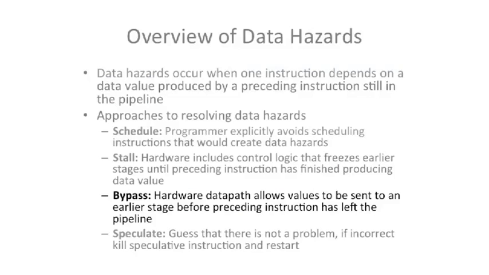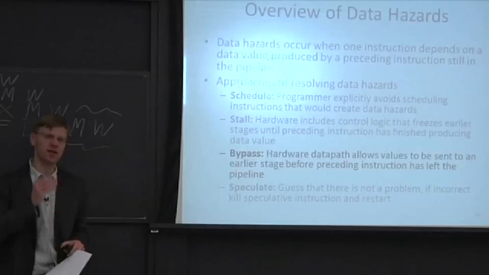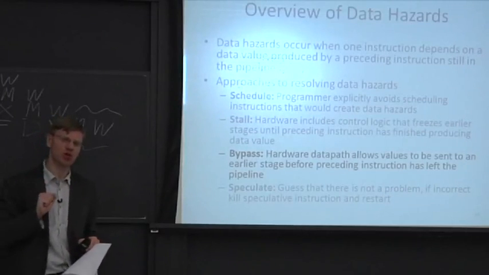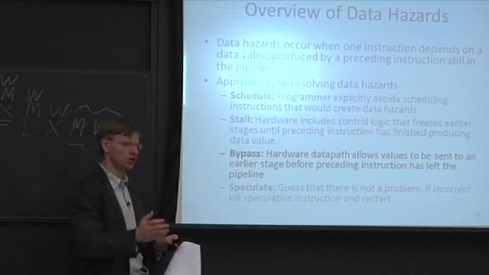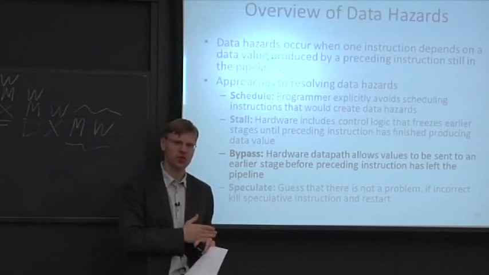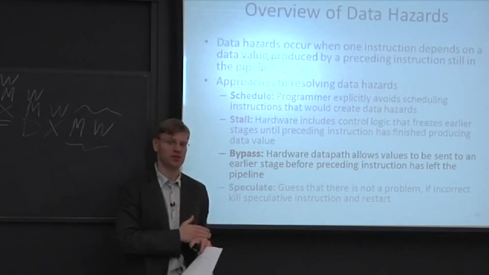OK, so we talked about stalling the pipeline. Now let's look at if we want to improve the performance some more. So one of the things that you may not have noticed in that stall, but did happen, is that if there were any instructions in the later portion of the pipeline, which an instruction at the decode stage was dependent on, it stalls.